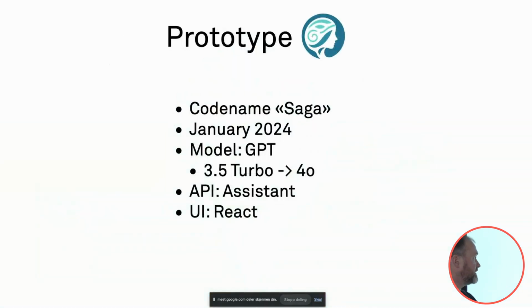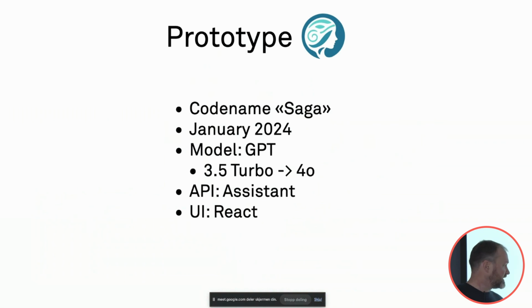So we started in January 24, so almost a year ago. And we started to make a prototype. That was the plan. We gave it a codename, Saga, and made a nice icon. And I guess like most of you at that time, GPT was what you'd heard of. So we started with the 3.5 turbo, I think, and gradually used different models up to the 4.0.